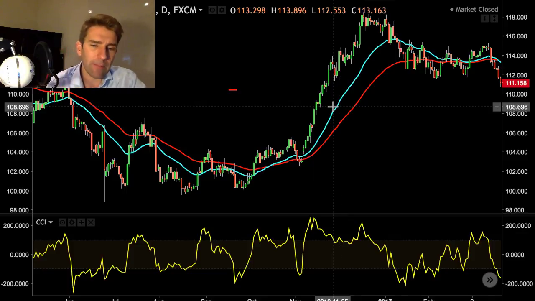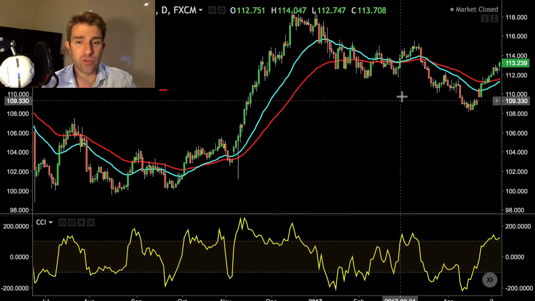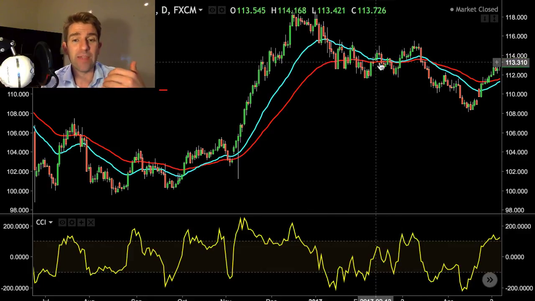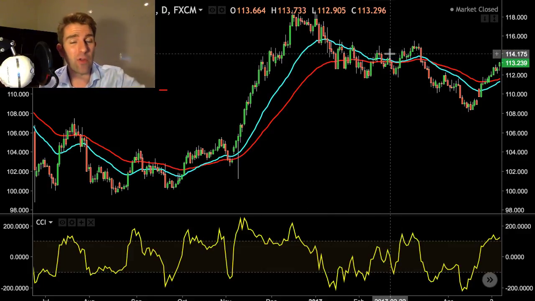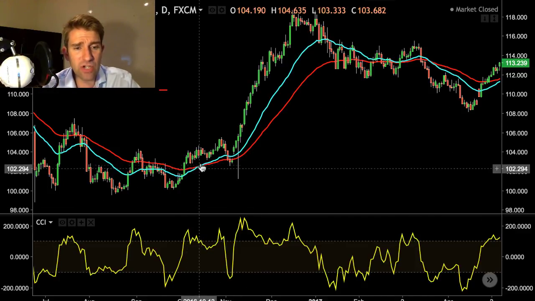Every time we got that pullback against the trend, you'd never get an overbought or an oversold whilst they weren't crossing. Just to remind you, guys, if the moving average then crosses back the other way, you know it's negated. Obviously you're flipping what you're looking for. You're always looking for the long if the quicker is above the slower, or the short if the quicker is below the slower. So here, we've crossed above it around here on the US dollar JPY.